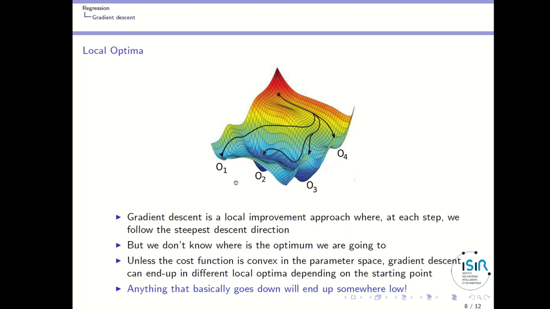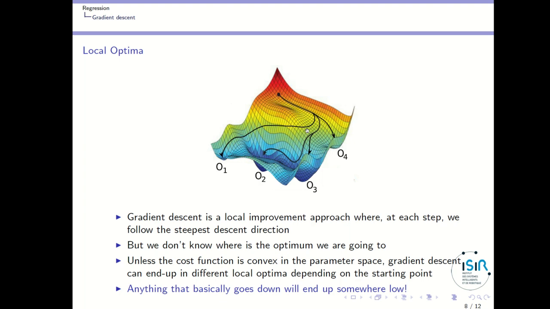So gradient descent is a local improvement approach, and at each step we follow the steepest descent gradient direction. Eventually, with some noise, we will see that noise can come from the stochastic gradient descent case. But the point is that we don't know where the optimum we want to reach is. So unless the cost function is convex in the parameter space, which would be a case where you just have one global optimum, gradient descent can end up in very different local optima depending on the starting point and on the noise.